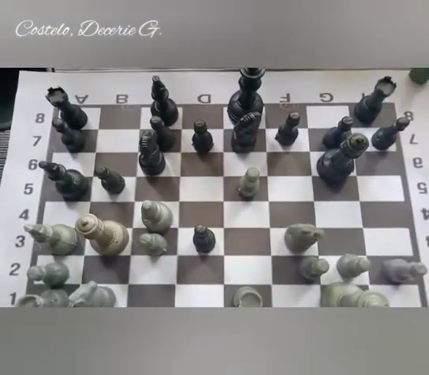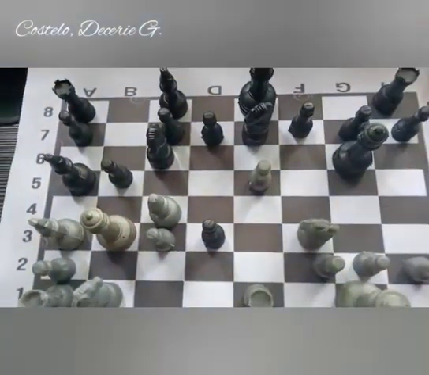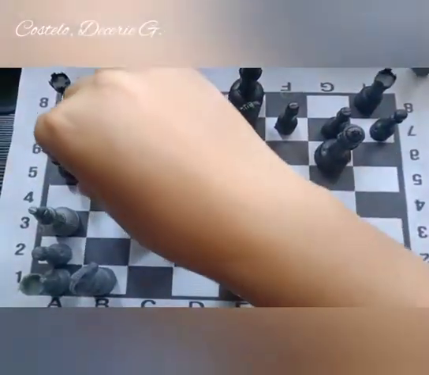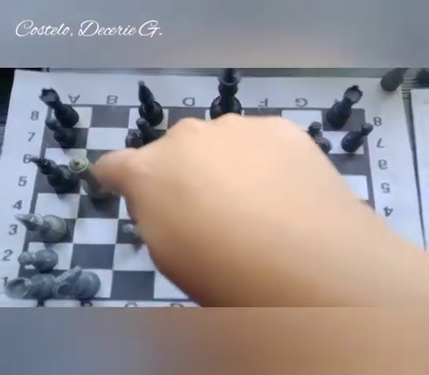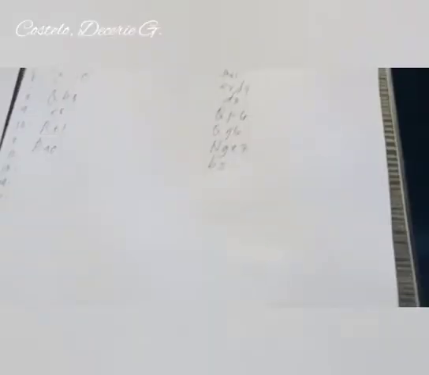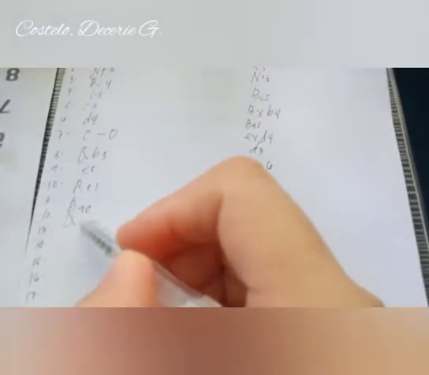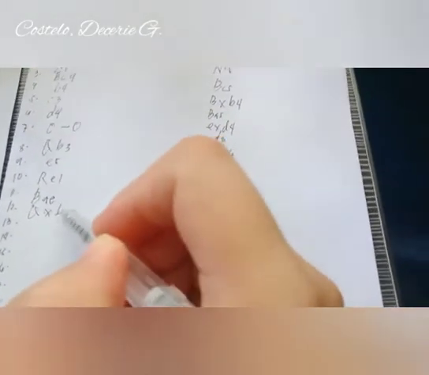So next is B5. The pawn goes to B5, so we're going to write B5. Next is queen captures B5. So we are going to write queen X B5.